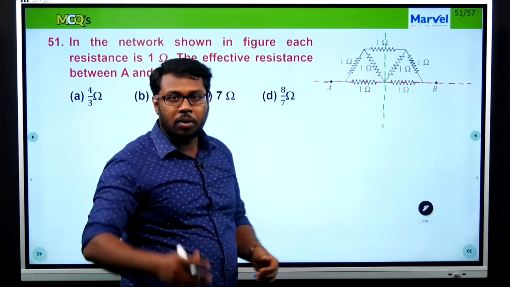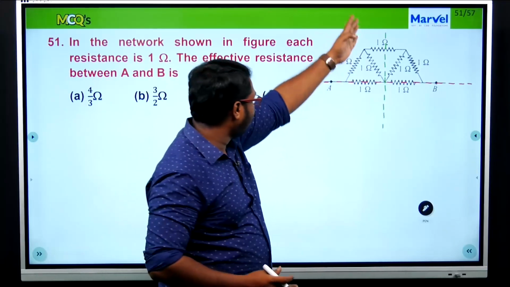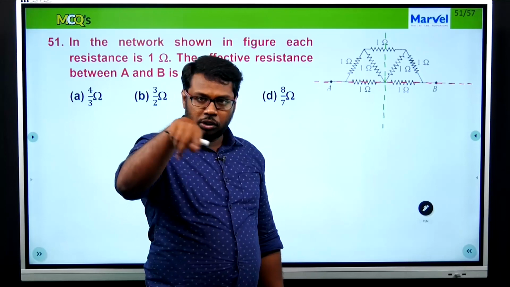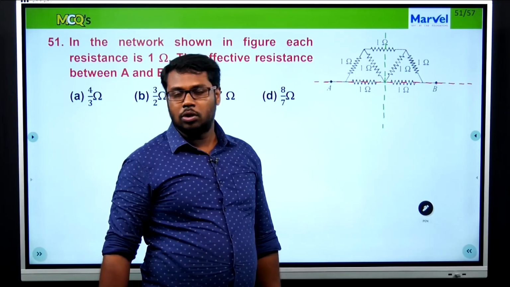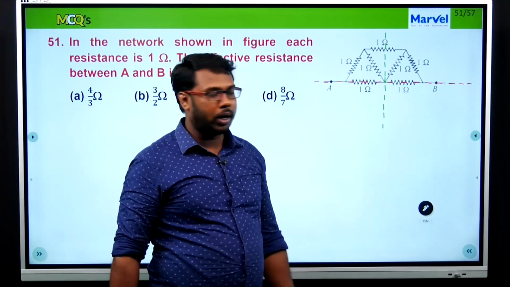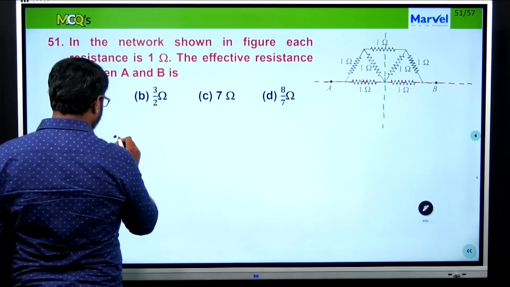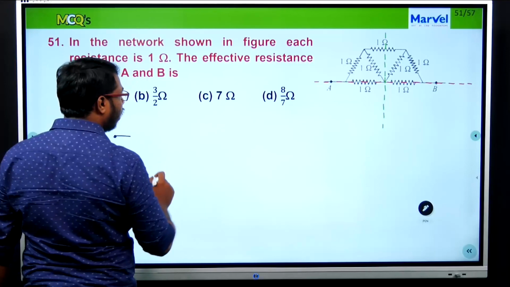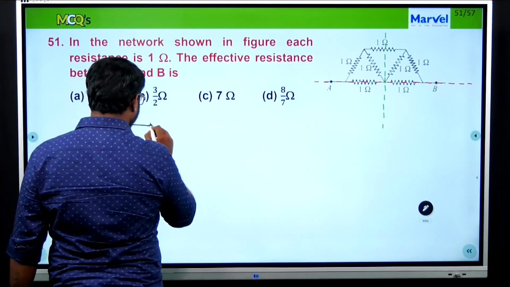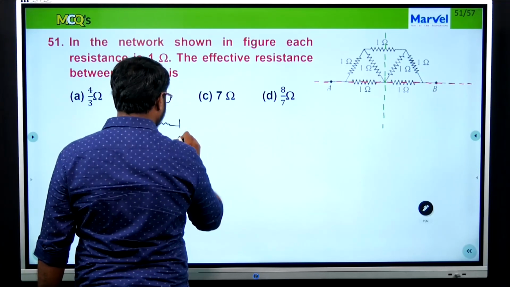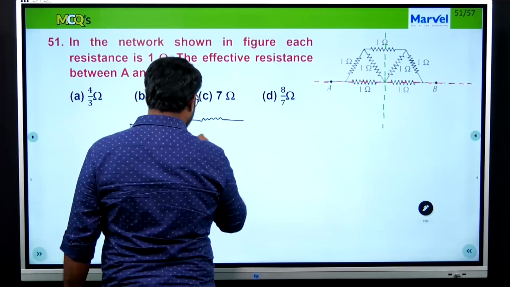Because whichever junction is falling on this vertical line is going to have zero potential difference, so no current is going to flow through that. So I will release this junction. Now see, the entire situation turns like this. This is the resistance. From here another resistance comes in.